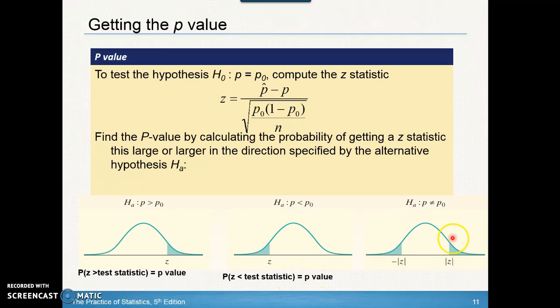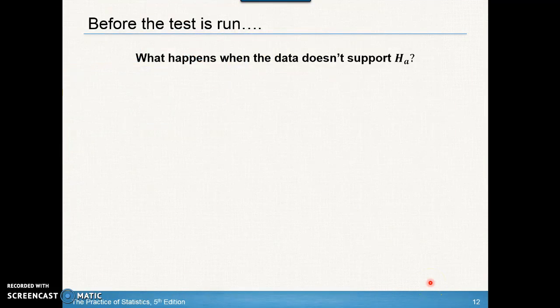That's going to be your probability. And if it's not equal to, you actually just find both of them and add them together. What's the probability that I get a z-score above the null, that extreme or more extreme? What's the probability that I get one below, that value or less? Because it's symmetric, you can just add the two together, they'll be exactly the same.